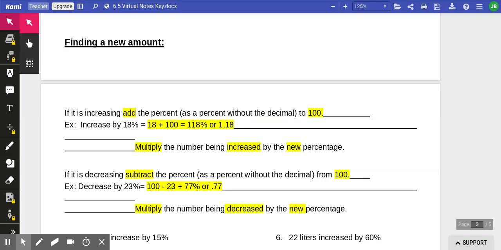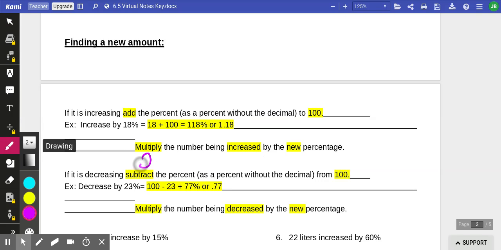Now, if we're increasing something by that 18%, you are going to multiply the number being increased by the new percentage. So if I had 20 students get an A last year on a test, and I want to increase that by 18%, I am going to multiply that by 118% or 1.18.